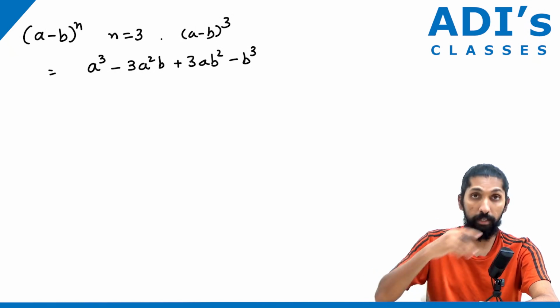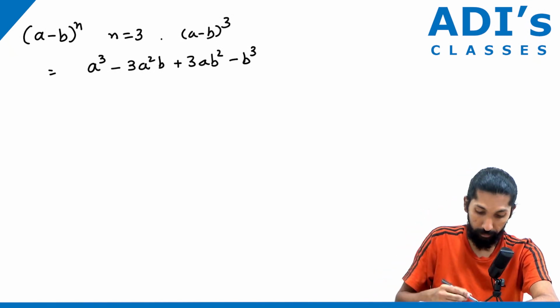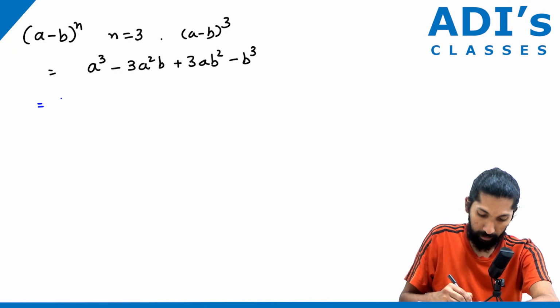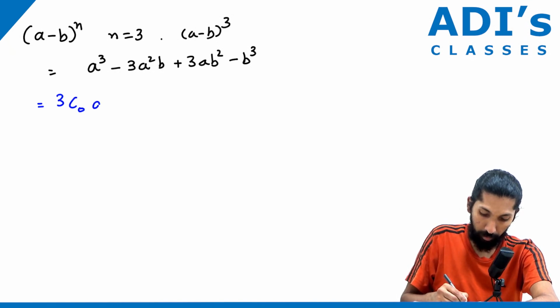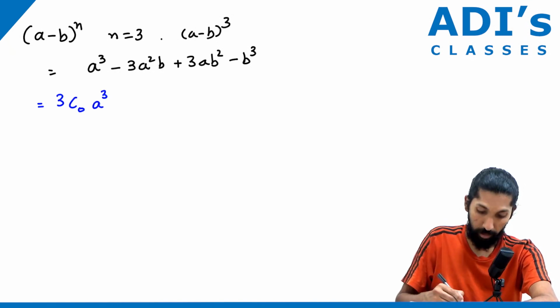Now, if you have to write this in the binomial expansion form, we can write this as 3c0 a to the power of 3, correct?